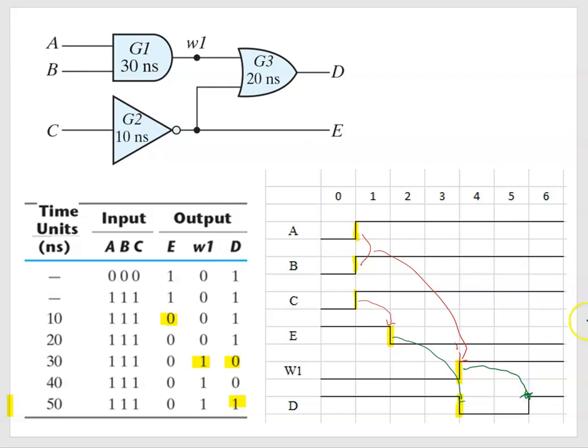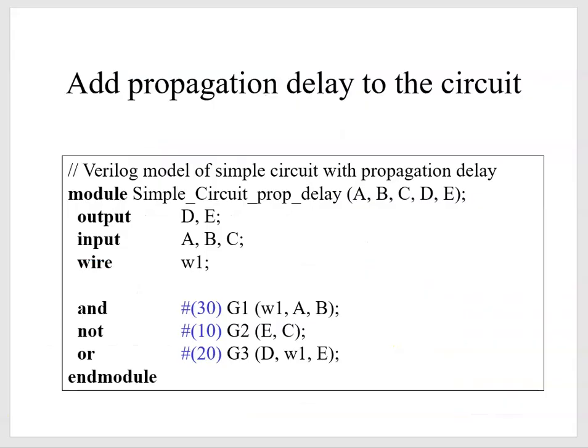So we want to be able to visualize this on a timing diagram and within a table. So again, we can add the propagation delay to the circuits with these hashtags, and we can measure timing. In the next video, we'll look at how we can create a test bench.